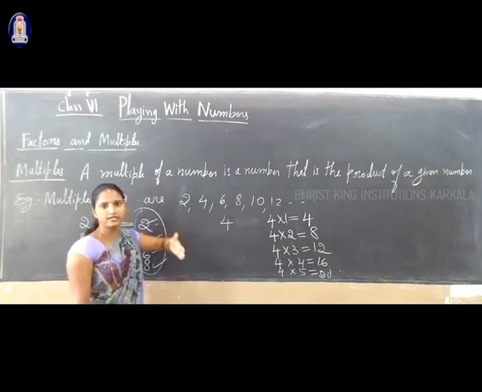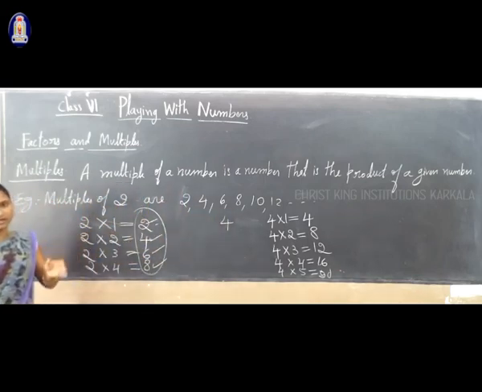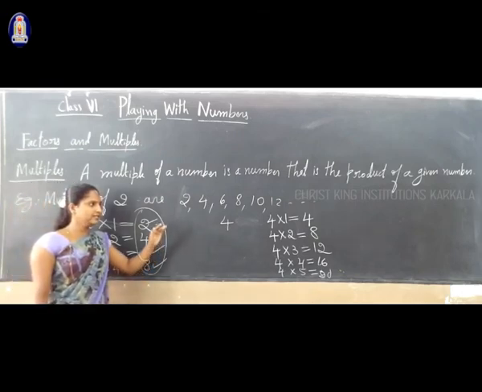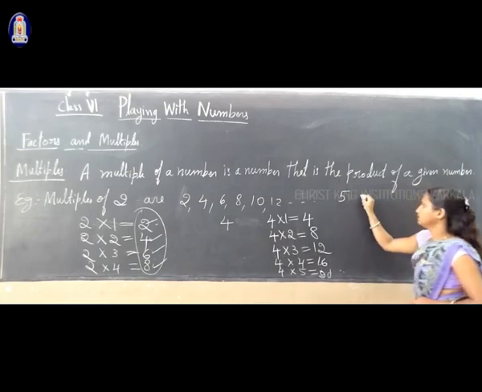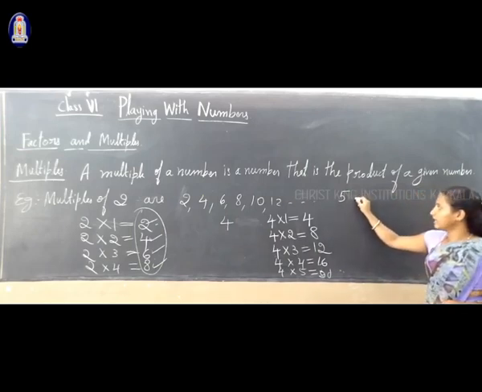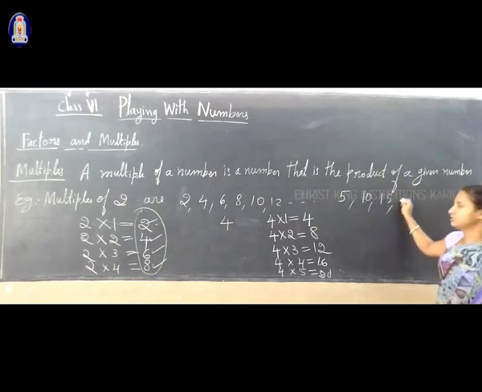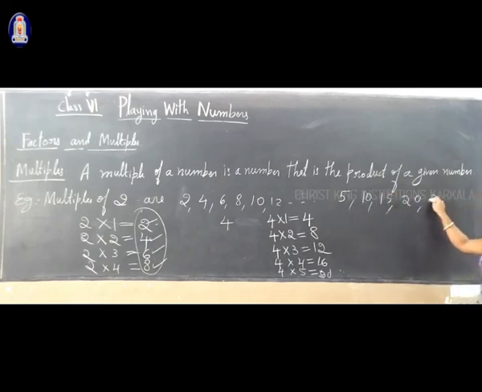So you have to write the complete table. Clear? 5 ones are 5, 5 twos are 10. So multiples of 5 you can write directly. Multiples of 5 are 5, 10, 15, 20, 25, 30, 35, 40, 45, 50, 55, like this.